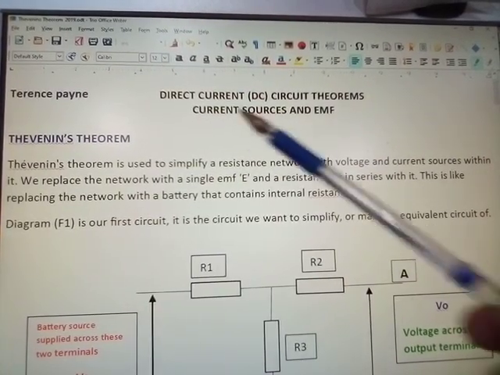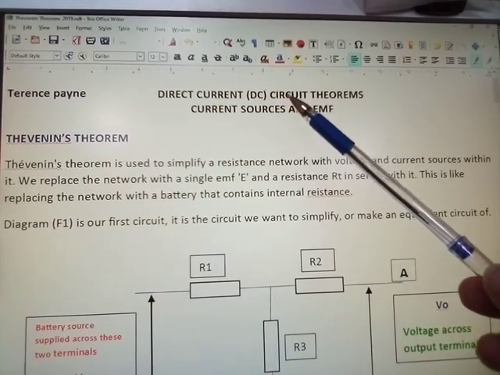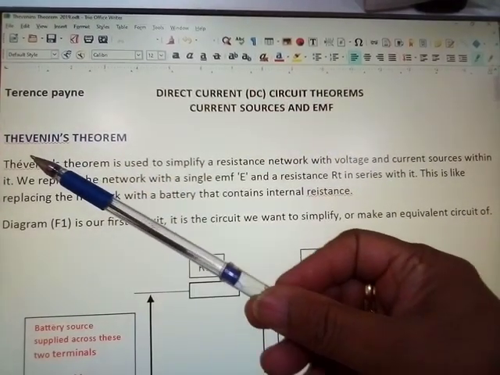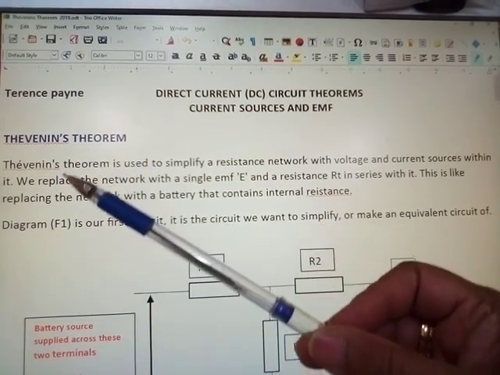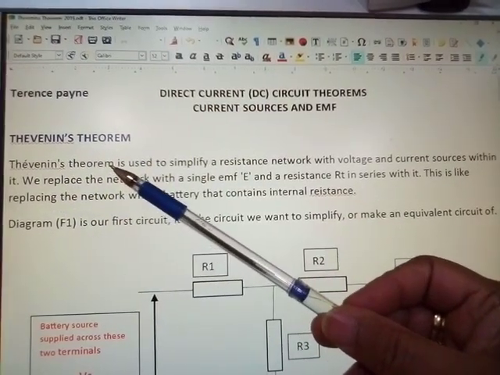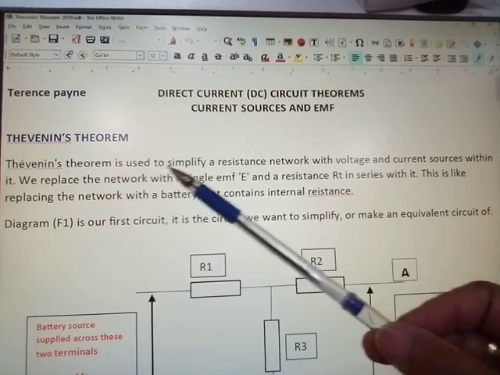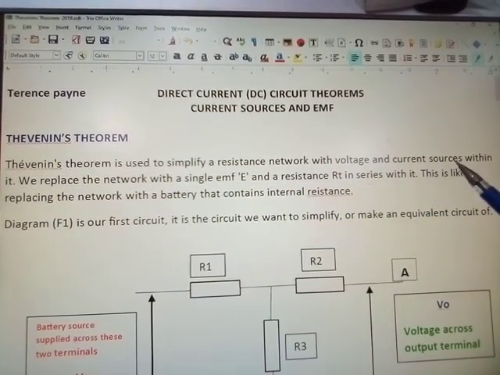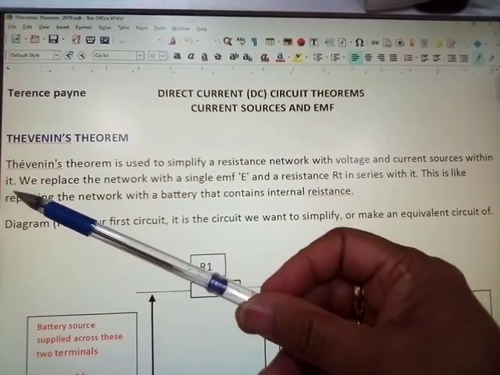Okay, what I want to look at is direct current DC circuit theorems, current sources and EMF, and I'm looking at Thevenin's theorem. Thevenin's theorem is used to simplify a resistance network with voltage and current sources within it.